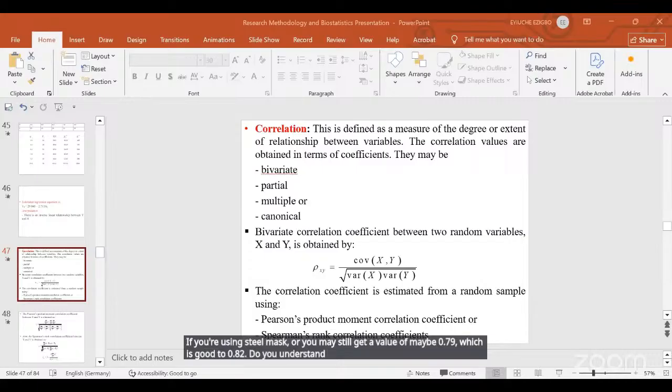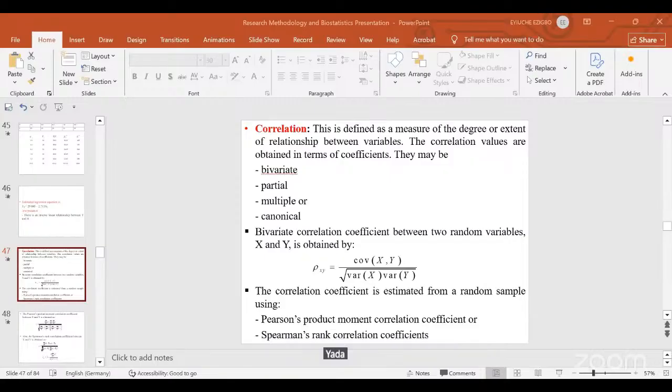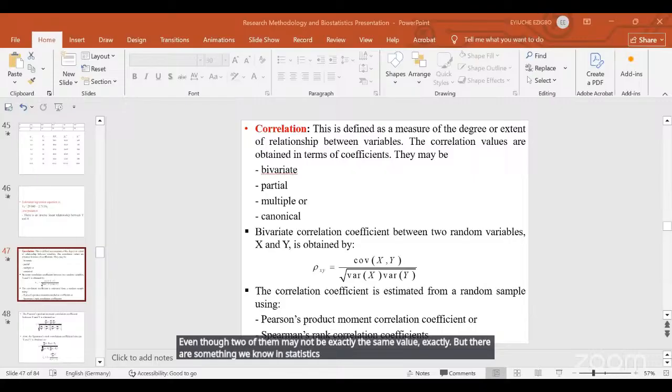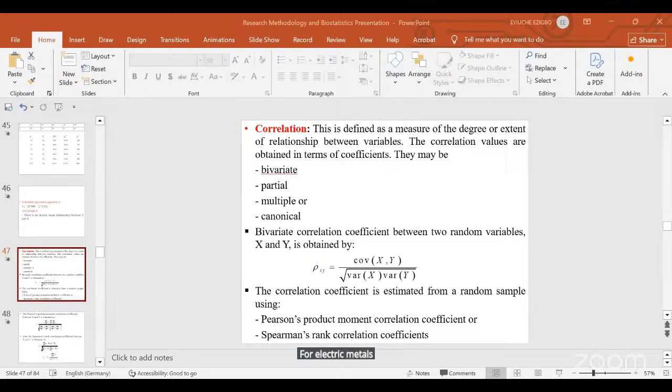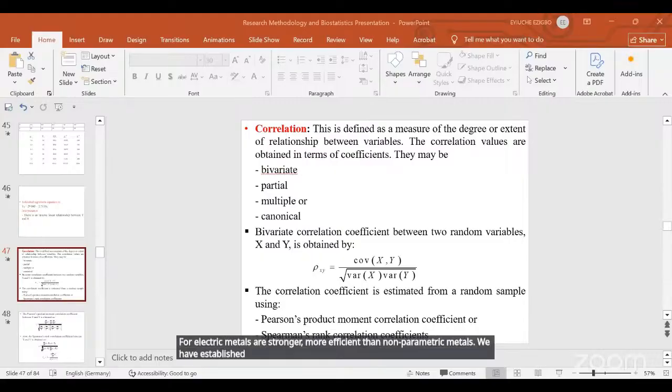To the extent that what you have generally concluded with one, you will probably conclude with the other, even though the two of them may not give exactly the same value. Is that clear? But there's something we know in statistics generally, which is true. Parametric methods are stronger, more efficient than non-parametric methods. We have established here that Pearson's method is a parametric method, while Spearman's method is non-parametric.